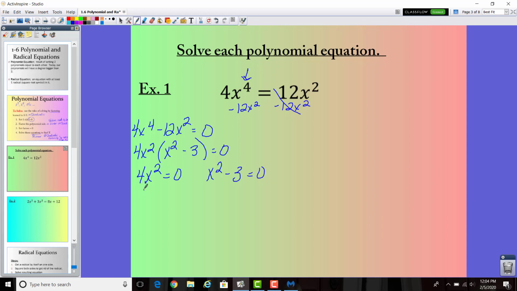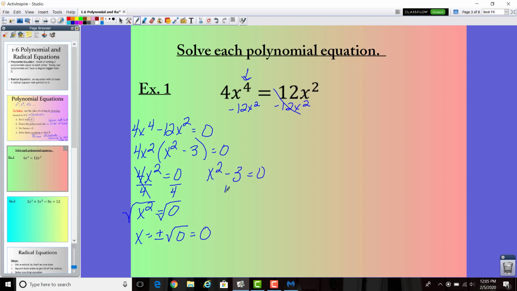I'm going to use the square root property here, which says my x squared has to equal the number. So to get my square term by itself, I have to divide by 4. 0 divided by 4 is 0. Once x squared equals a number, I take the square root of both sides, and by property, x equals a positive or negative square root of our number. However, in this case, since our number is 0, there is no positive or negative, it is just simply 0.